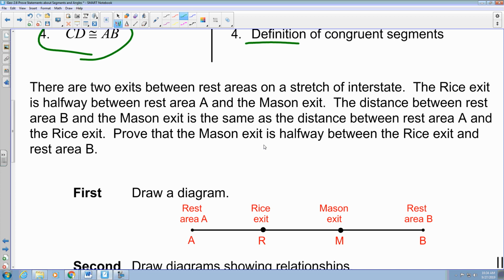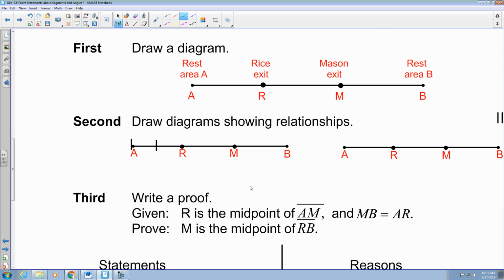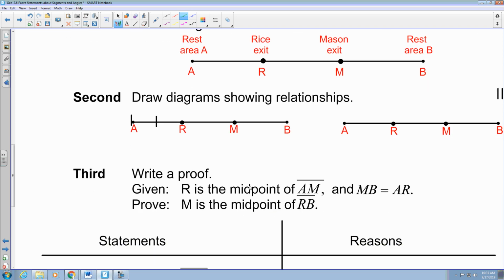Prove that Mason exit is halfway between Rice exit and rest area B. So we have this diagram here of how this is going to work out. We've got rest area A, Rice exit, Mason exit, and rest area B.